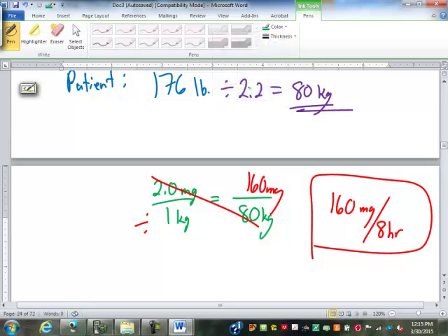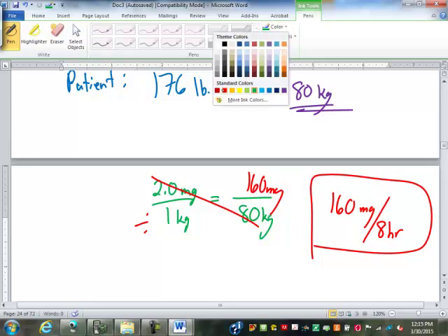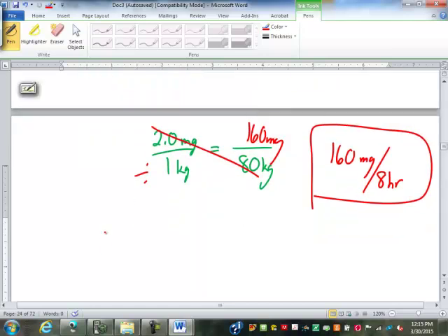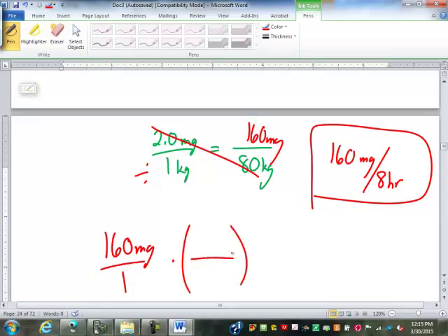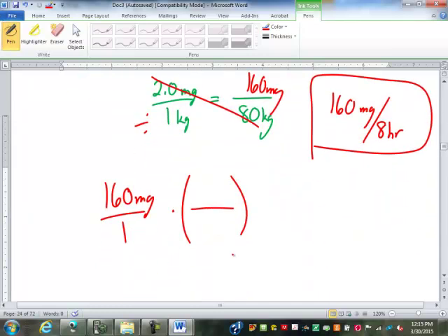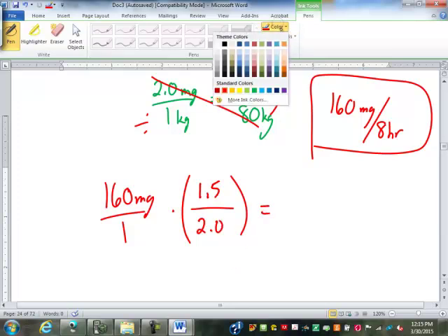To find the minimum dose, we can go through the calculation again, or we can use a titration. The 160 milligrams was for using the maximum dose, the 2.0. Just like we did with the dilutions, we know this number is going to get smaller, so we use a ratio of 1.5 for the minimum dose to 2.0 for the maximum dose, and we can multiply.